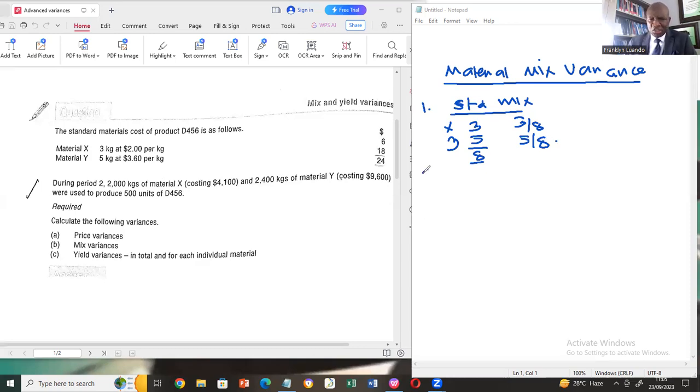Number 2, you need to find the total quantity used.